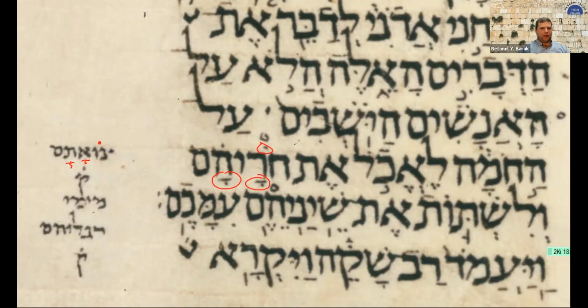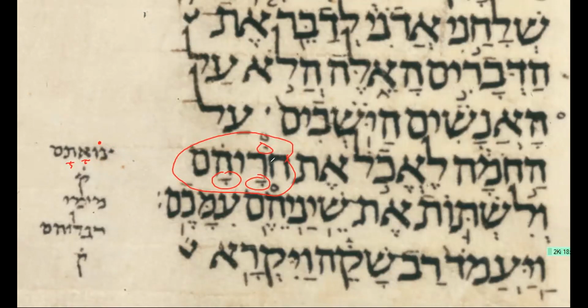And the written version says the people who are sitting on the wall, who have to eat their shit. Feces.